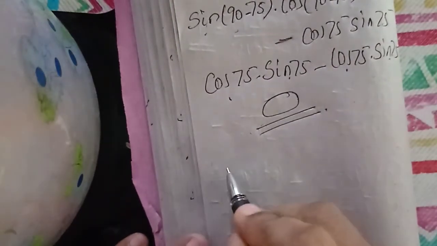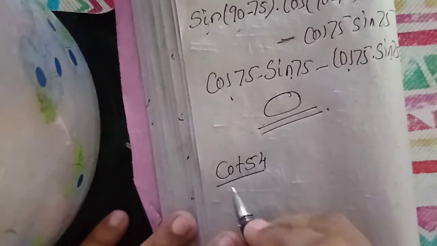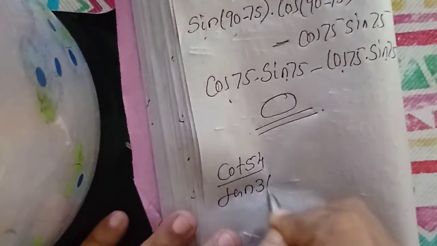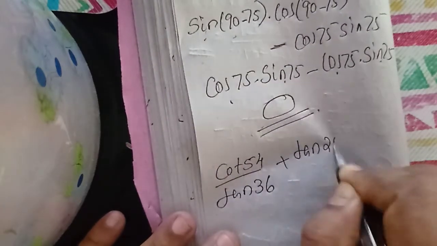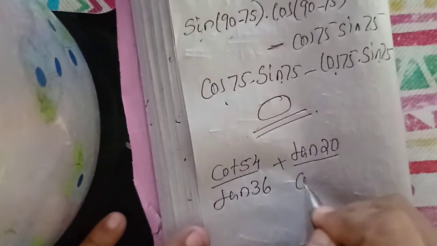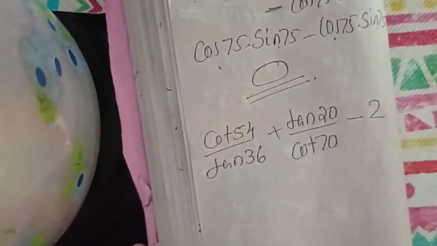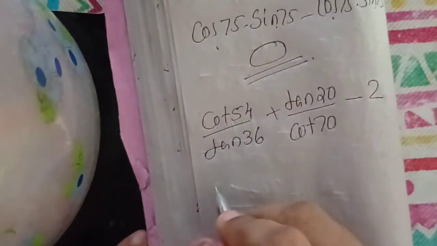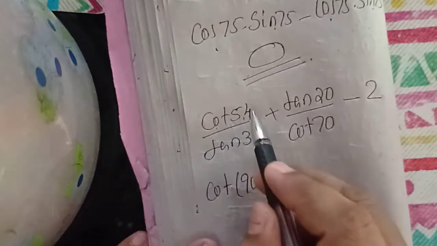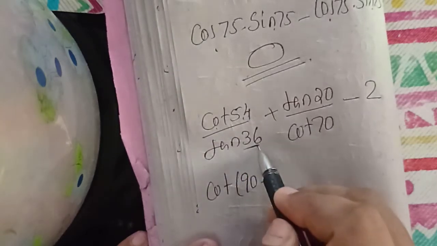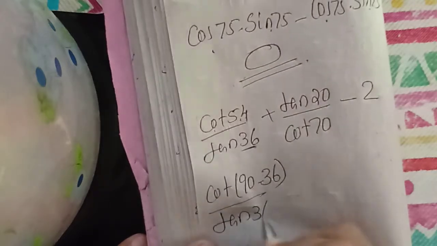Next question. Cot 54 by tan 36 plus tan 20 by cot 70 minus 2. Right, cot 54 is cot 90 minus 36. Look at the denominator, by tan 36.